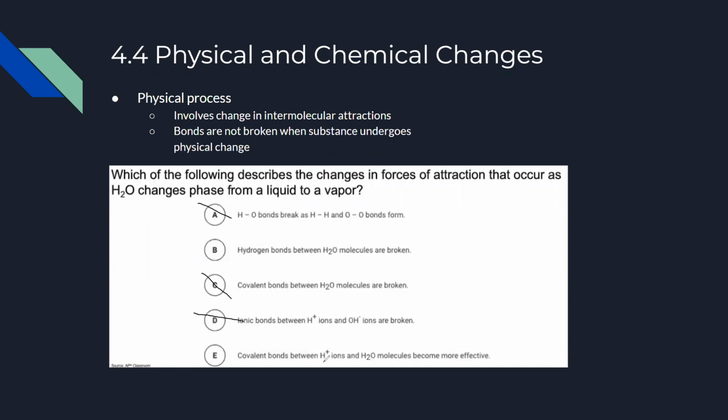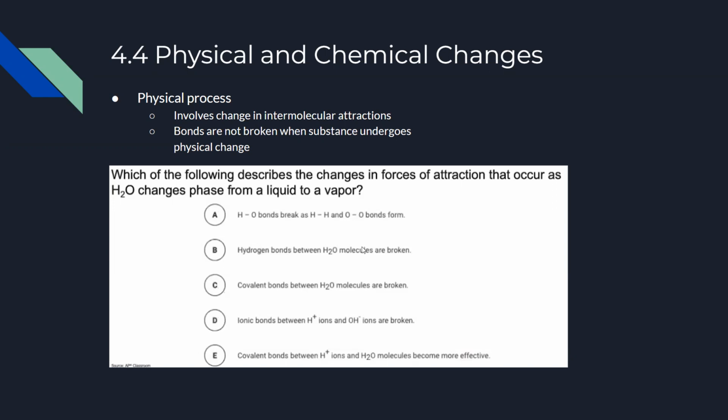And E, as covalent bonds between H plus ions and H2O molecules become more effective. So B is the correct answer choice, as the hydrogen bonds between the H2O molecules are broken, which shows that the molecules stay the same but are changing phase. And that's what happens when H2O changes phase from a liquid to a vapor.